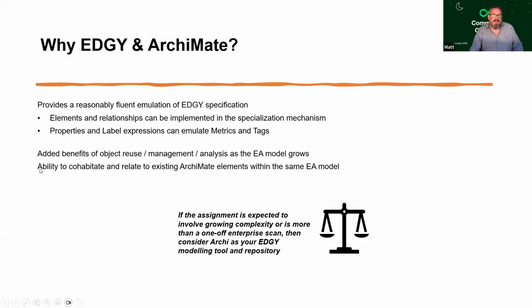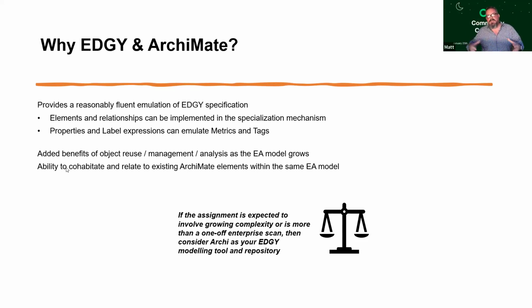The other point here, the last point, the ability to cohabitate. It's a bit clunky, that word, but anyway, cohabitate and relate to existing ArchiMate elements. I have a model that I've been developing in ArchiMate, not really as a major tool that I've used, but in the work that I've done for NBN, I have grown it from 2020 effectively.